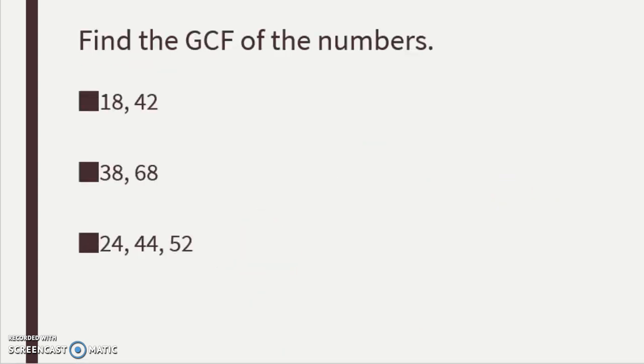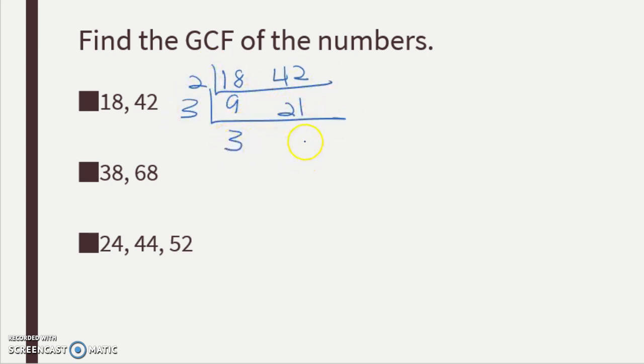Get a GCF and LCM here for 18 and 42. Let's see, so we have 18, 42, we're finding GCF. Take out a 2, 9 and 21, 3, make this 3, and that is 7. That's a 1. So our GCF for our first one here is going to be 6.